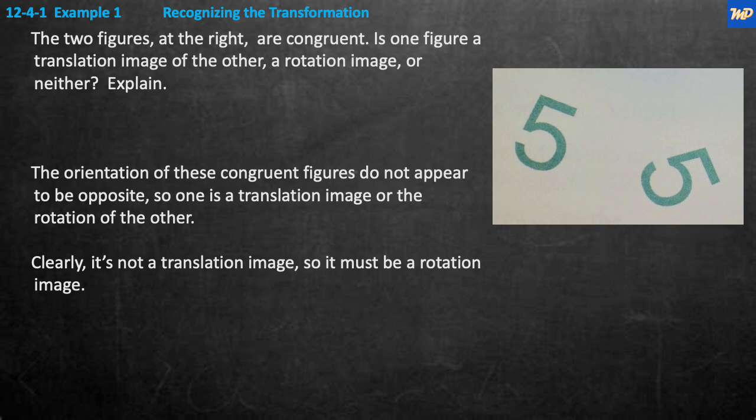It's still the same figure, just slid or rotated. So one is a translation image or a rotation image. Clearly, it's not a translation image. Why is it not a translation? Because in order to get from the 5, it would have had to be slid to the right in the same orientation. It could have gone up and down, but there's also a rotation. So this is truly a rotation image. It's moved and it's rotated.